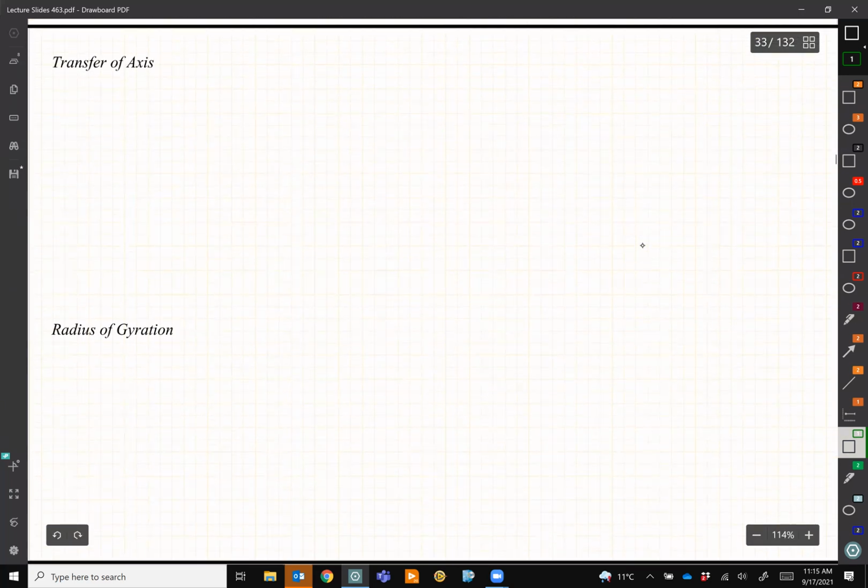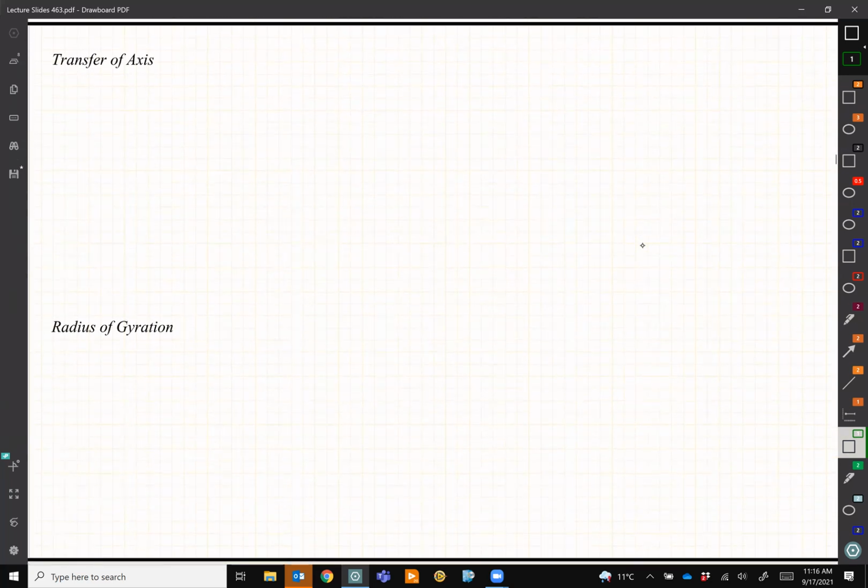One more thing about mass moment of inertia is that sometimes we need to transfer the axis. It means, let's say I have the moment of inertia for a bar, but I need it for a different place or different point.